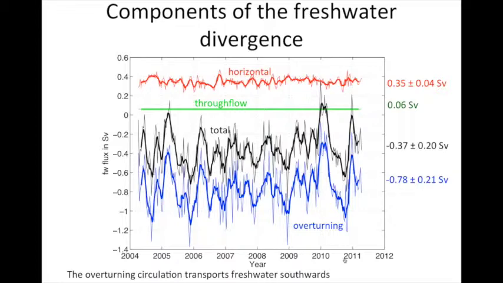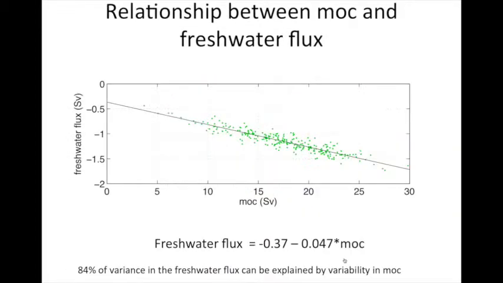So the overturning is obviously important in setting the freshwater flux at all time scales. Okay, so we can formalise that by looking at a relationship between the MOC and the freshwater flux. So the MOC is increasing along this axis, and the freshwater flux becomes more southwards down here.